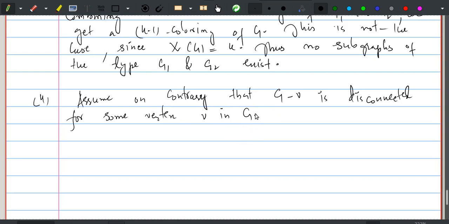So if this is disconnected, it has at least two components.